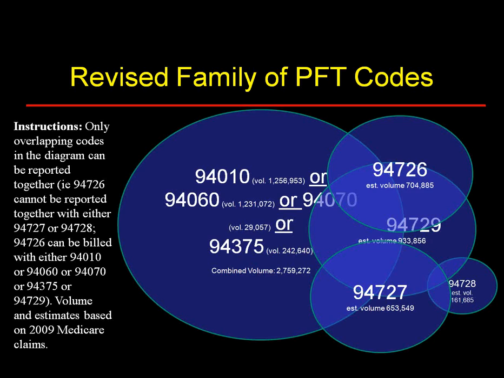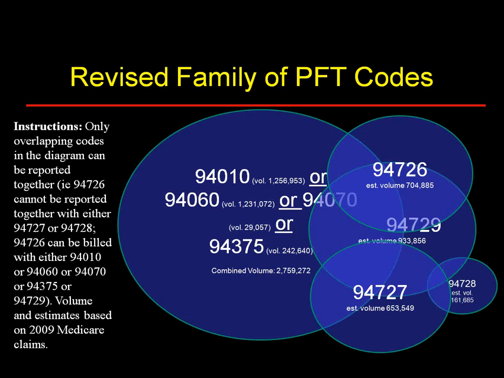From the overlap of the ovals, one can see that the lung volume measurements by either plethysmography or gas dilution, 94726, 94727, can be billed with spirometry. One can also visually see that the diffusing capacity, 94729, can be billed in addition to either of the lung volume measurement techniques or spirometry.